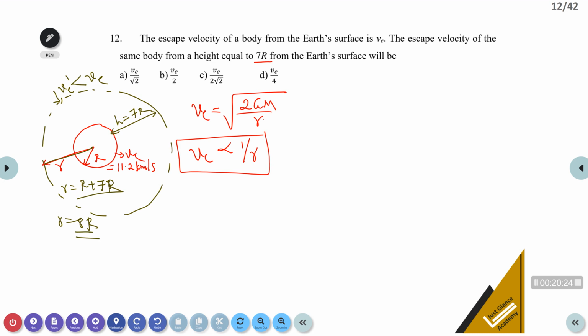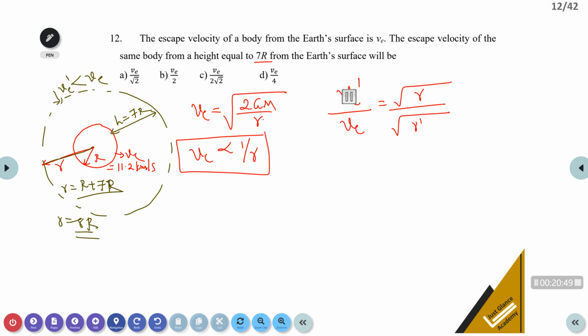He is asking, what is the escape velocity? Can I write VE dash divided by VE equal to square root of R divided by R dash, since it is an inverse relation?